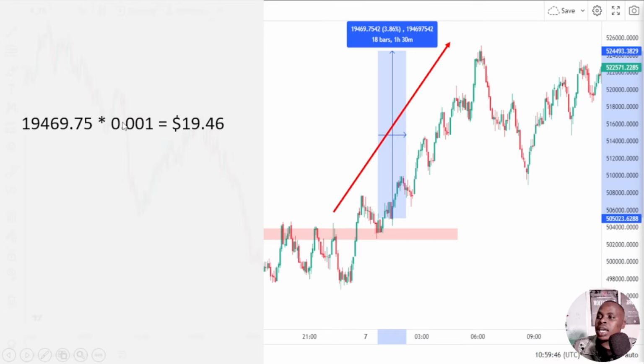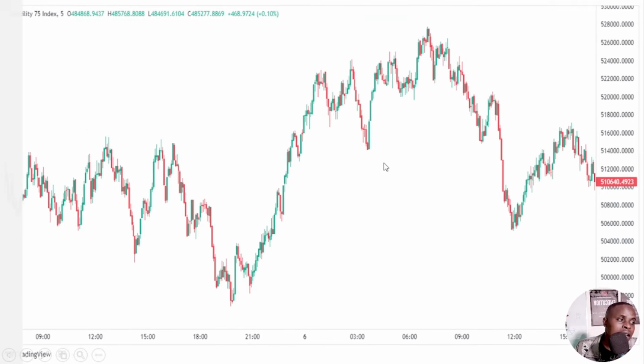But if you used a micro lot that we use in currencies, you could have made around $194 in this small move. Here I just used a nano lot, which is smaller than the minimum lot size of currencies, and you could have made all this money in less than 12 hours. So you can see how these big swing moves can help you get a high risk to reward ratio and make a lot of money in the market.